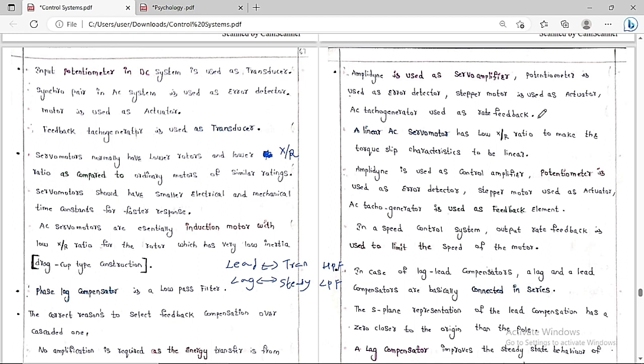Whereas the stepper motor is used as the actuator, whereas the AC tacho generator is used as the rate feedback. Or you can also call it a transducer. So finally, amplidyne is used as the servo amplifier, whereas the potentiometer is used as the error detector, whereas the stepper motor is used as the actuator, whereas the AC tacho generator is used as the rate feedback.